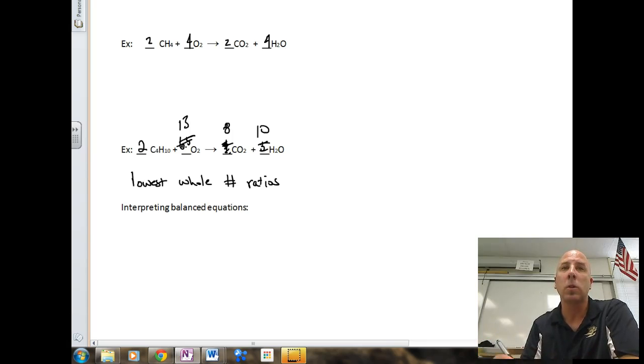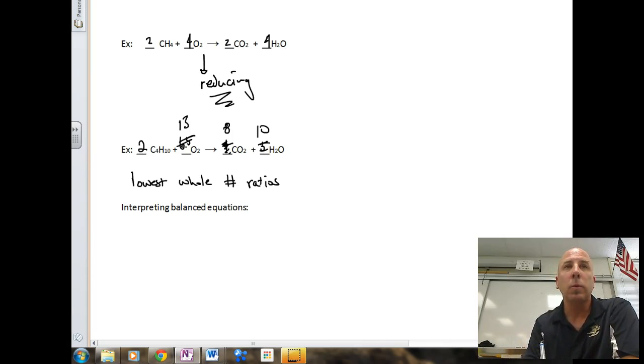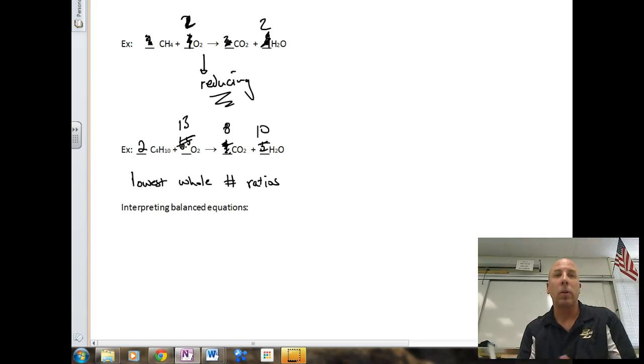So let's make this the lowest whole number ratio by reducing. When we reduce this down, we're going to divide everybody by 2, which will give us 1, 2, 1, 2 as our lowest whole number ratio. So for now, let's say we want lowest whole number ratios always.